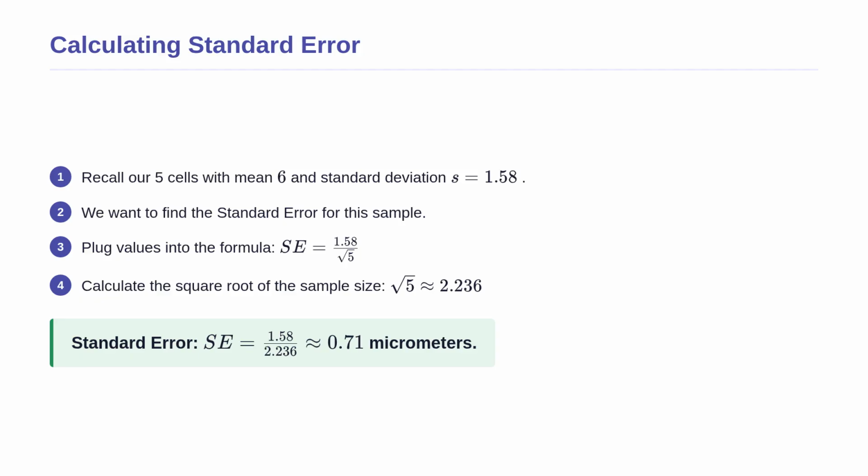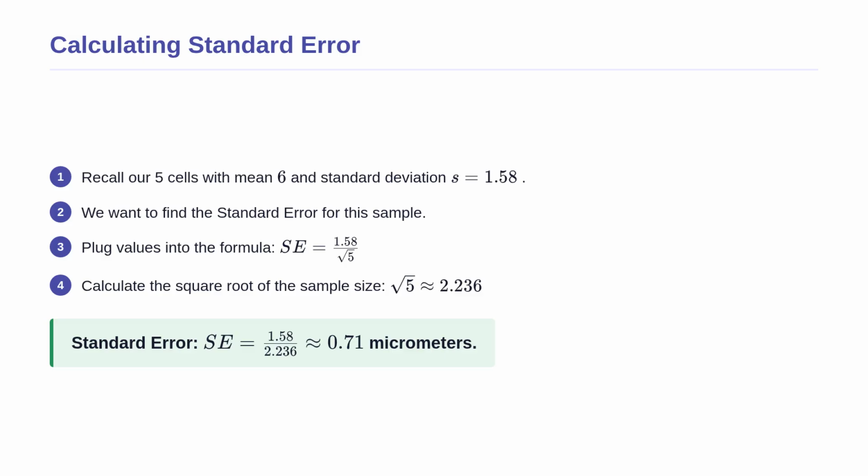Now that we have our formula, let us calculate the standard error for our previous cell example. We already found that for our 5 cells, the sample mean was 6 micrometers and the sample standard deviation was 1.58 micrometers. We want to understand how precisely this sample mean estimates the true average diameter of all cells of this type.